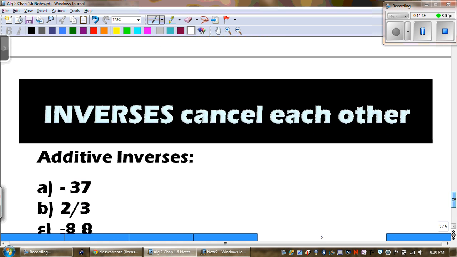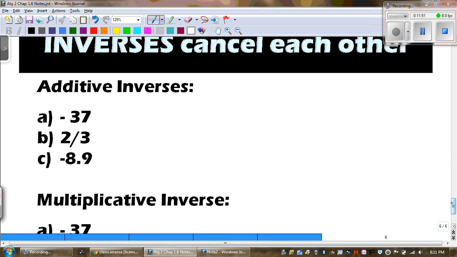All right, next one. So inverses cancel each other out. Now, if we are adding, the additive inverse is pretty much saying we got to do the opposite of that. So the additive inverse of -37 would be to add 37.